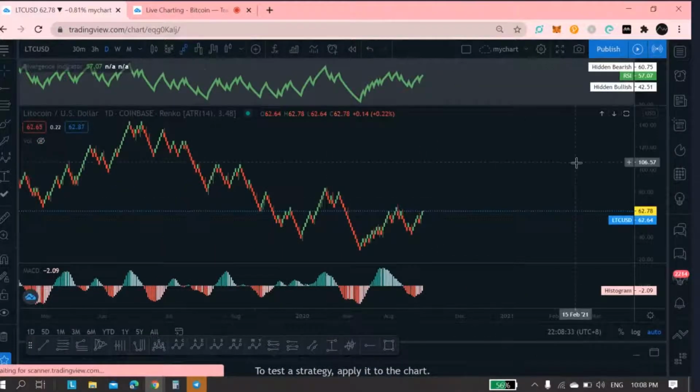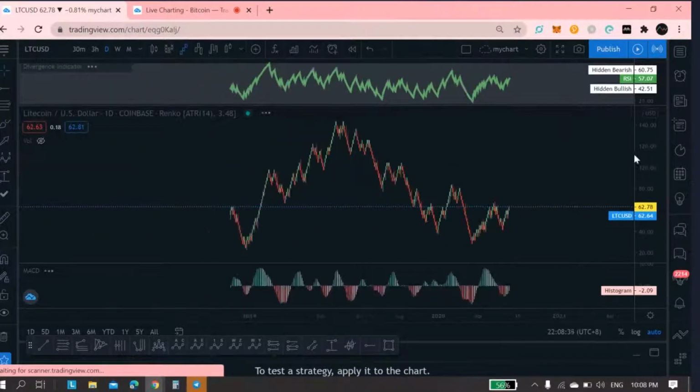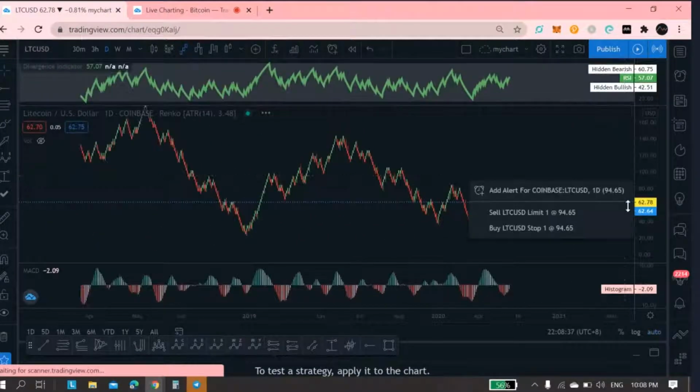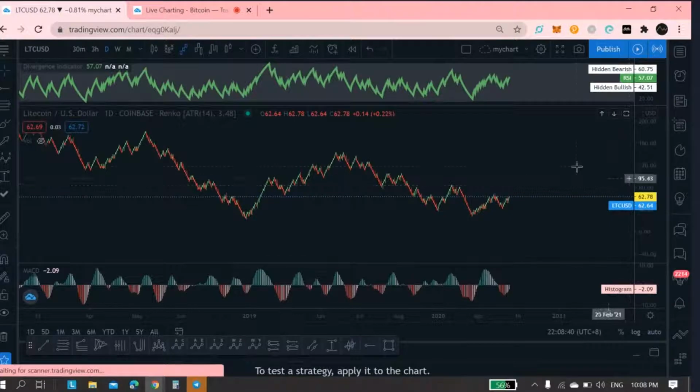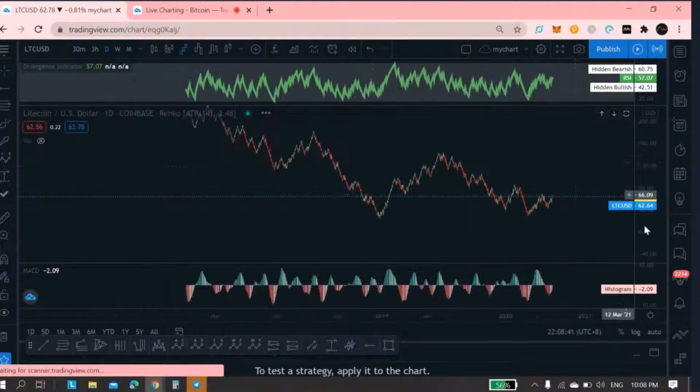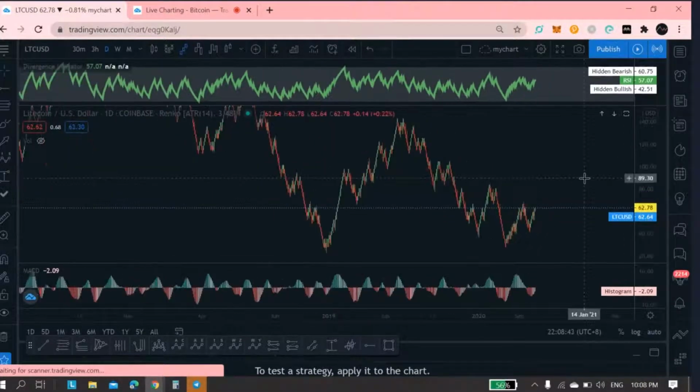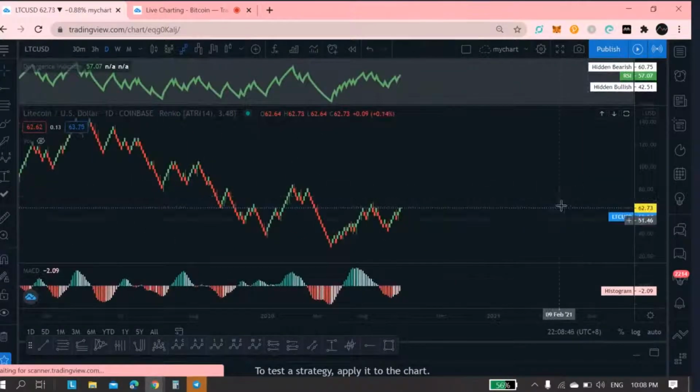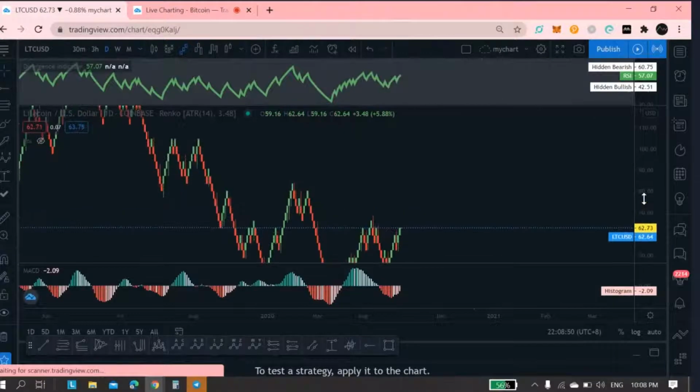I will use again the Renko chart. So there, if you're scalping, as I've said, you can use this blue dotted line as support and resistance.